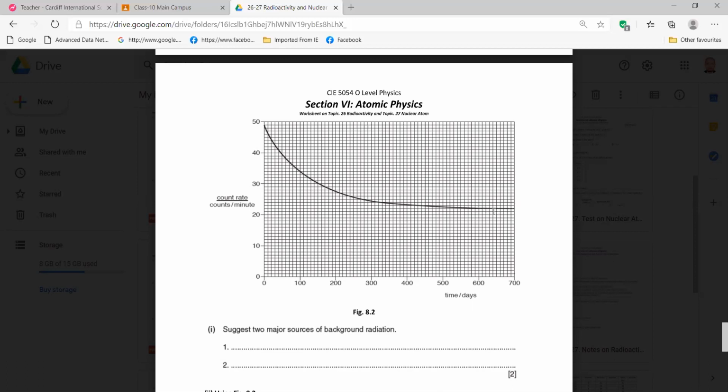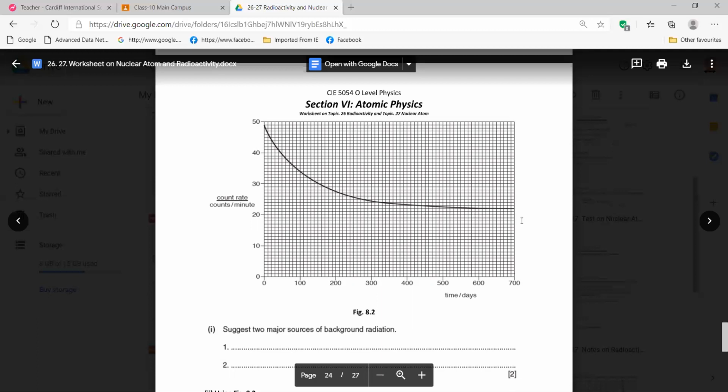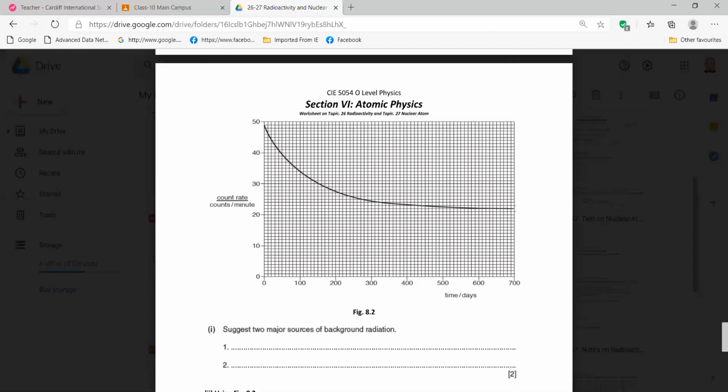That means we are not getting any radiation or emission from the source now. We are having whatever is coming from the background, or the surroundings. If you get from the graph, it's coming 20, then 21, 22. That is your background count. Can you note it down, Aisha?